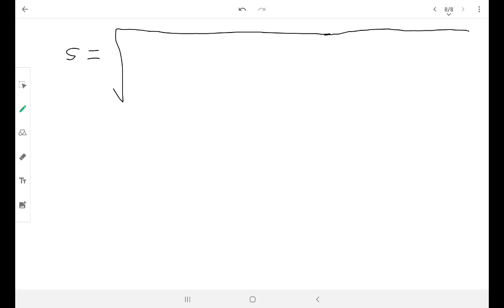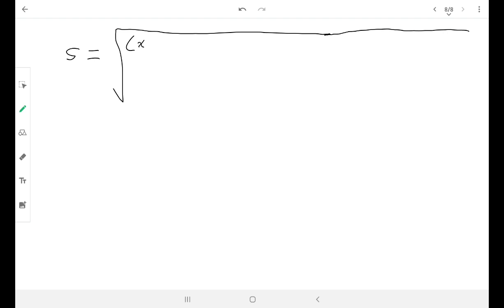The next one is to calculate the standard deviation for this class, and we're going to do that by using this formula, where we do all of these things, and this is going to be a very long problem because we've got 12 of them to do.